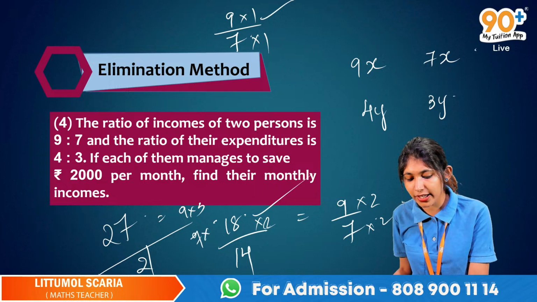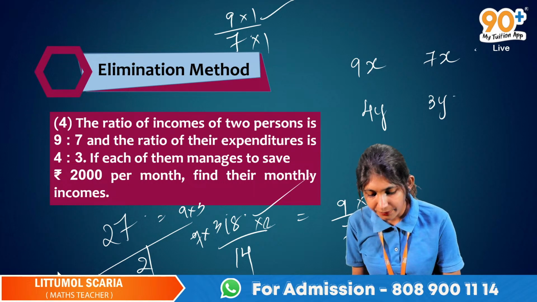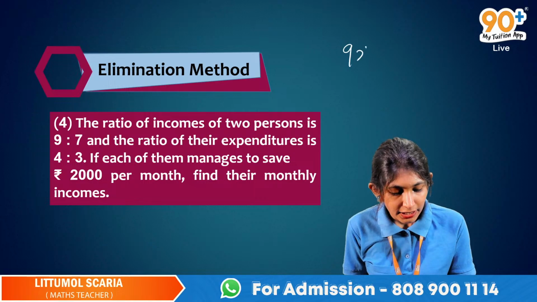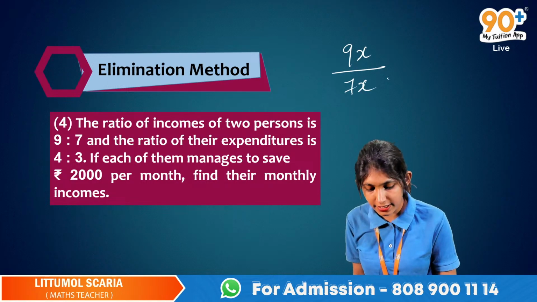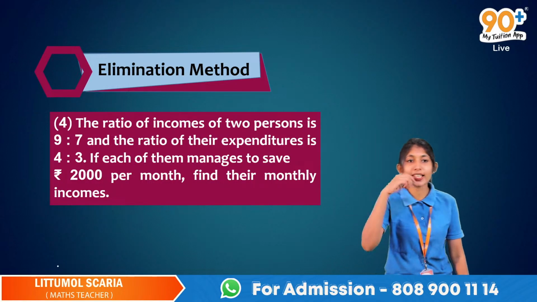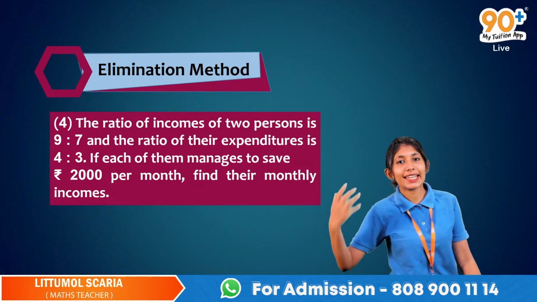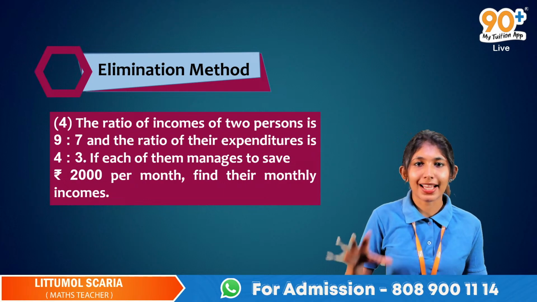All these ratios on simplification give 9/7. So basically when we are given a ratio, it will be 9x is to 7x. That's why we put x, because x can take any value, and 9x is a multiple of 9. That's the concept.